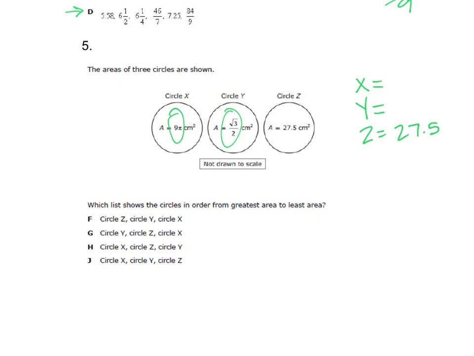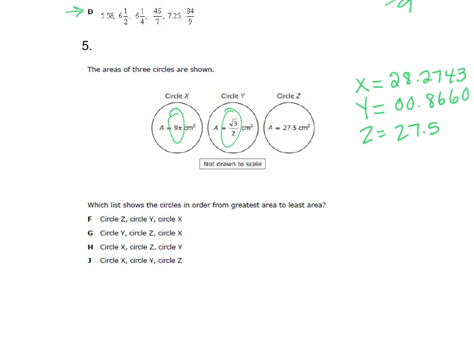Okay, 9 times pi is 28.2743. And the square root of 3 divided by 2 is 0.8660.